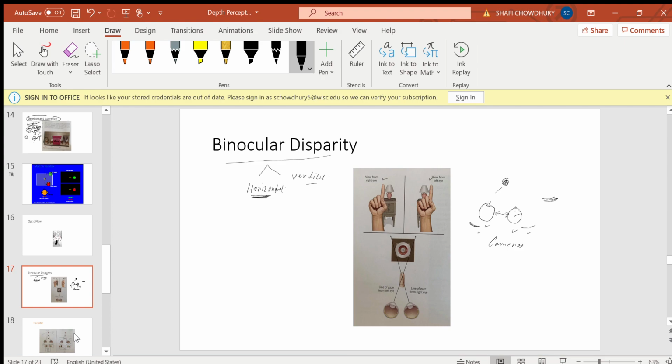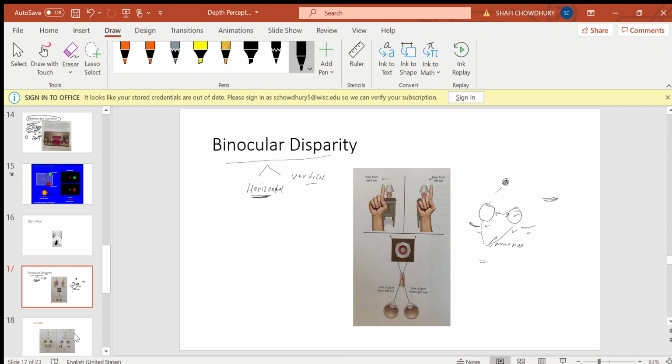Your brain takes that information from your retinas, how much non-overlapping there is, and that is a very strong cue for your brain, and that is called the binocular disparity. So your right and left eyes see things in space in slightly different locations, and your brain uses that as a clue.